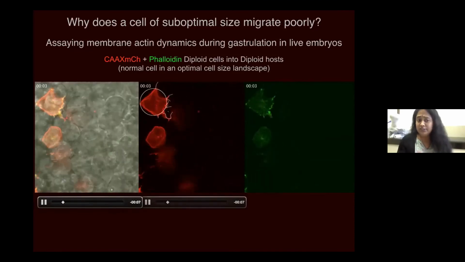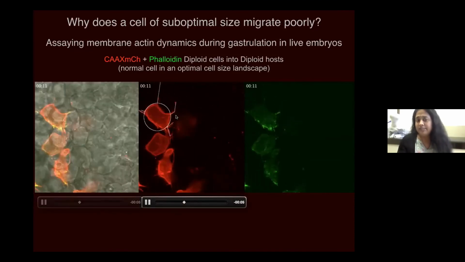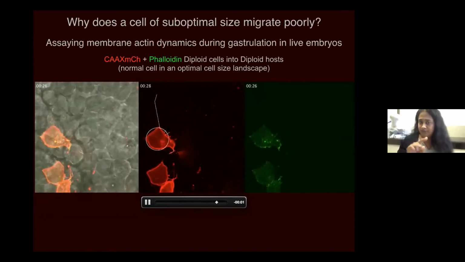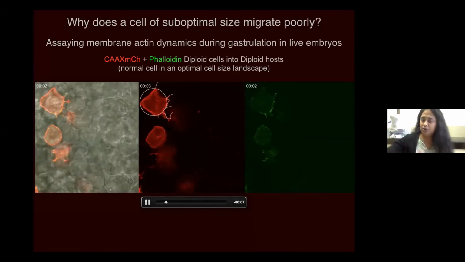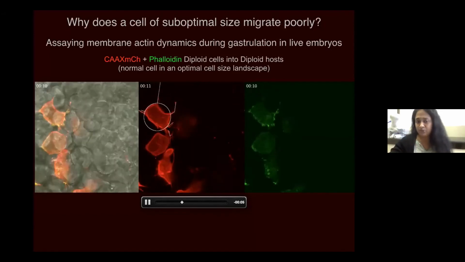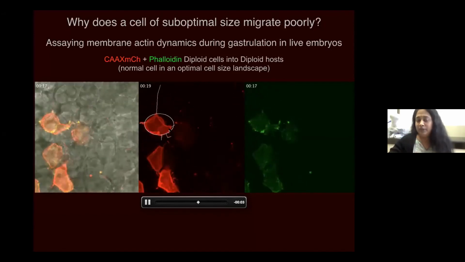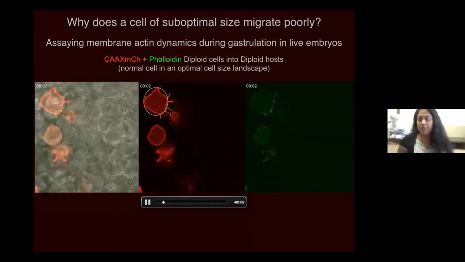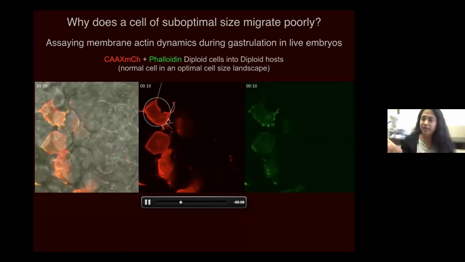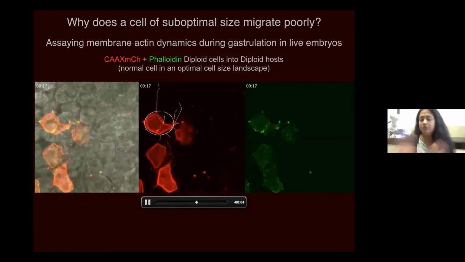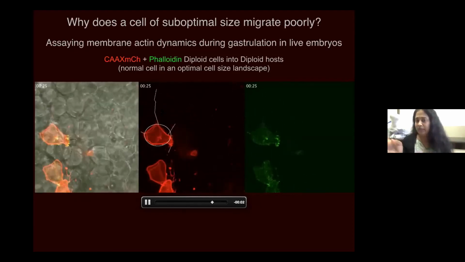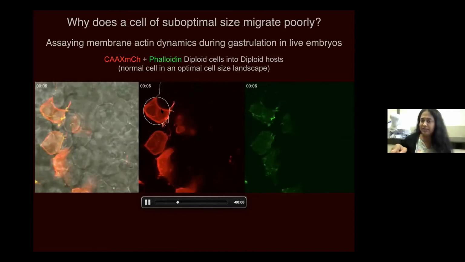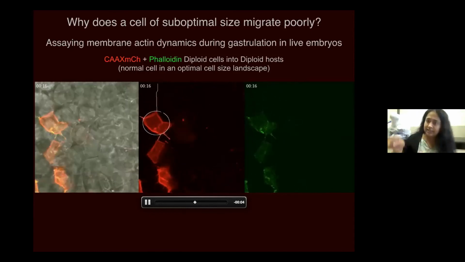You can idealize the cell as a circle, and from the circle, we have plotted the length of the emerging protrusion and the direction of the emerging protrusion. To be able to compare across multiple cells and across multiple embryos, the direction of migration is towards dorsal, which we set as the 0 point. From then on, you're checking the protrusion placements and length around that 360-degree angle.